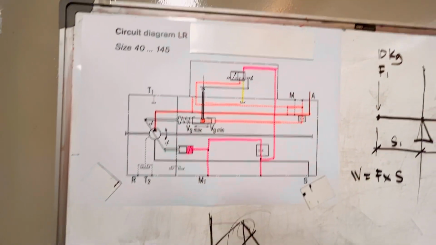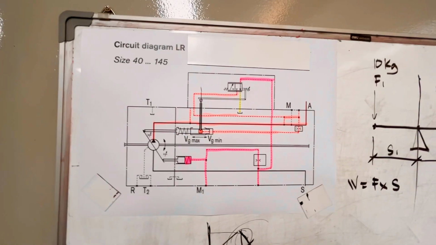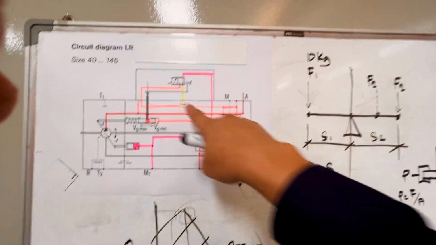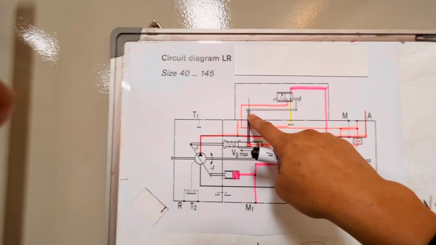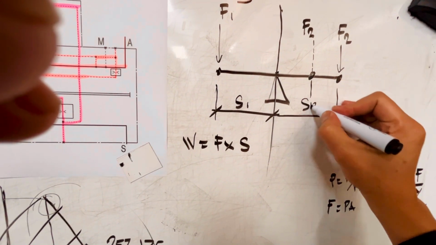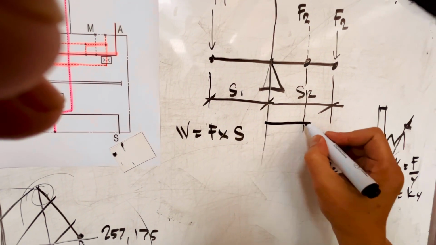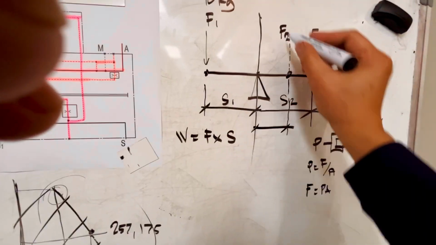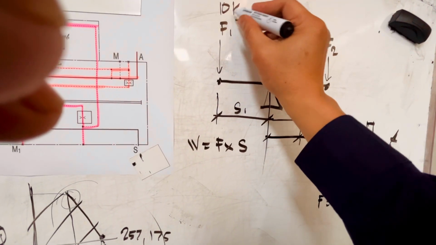Now if the load is more than 175, because your point is here, this one is here already, the closer you are to the center point of the fulcrum, the more load you need to balance this one.